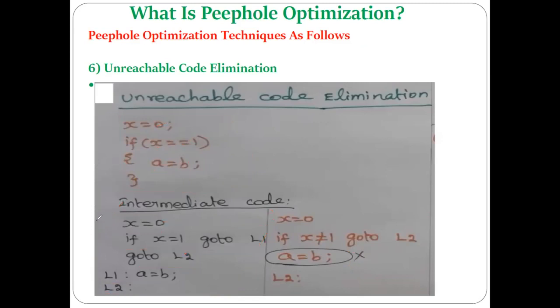But this is the unoptimized intermediate code. Why are you calling it unoptimized? Because this is unreachable. This condition is never going to be true, but here you have considered it as true: if x equal to 1, then go to L1.